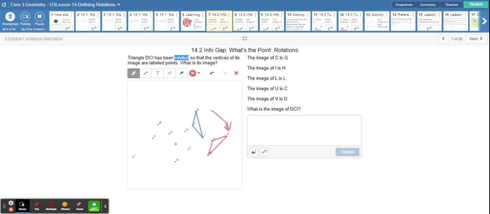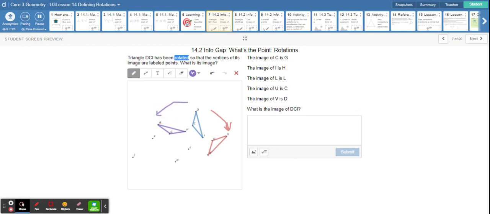As I look through the points, there's another set of points somewhere. Let me do a different color. These ones maybe? B, G, H. That might also be the rotation, but that rotation would go this way. So it seems like I don't quite have enough information.